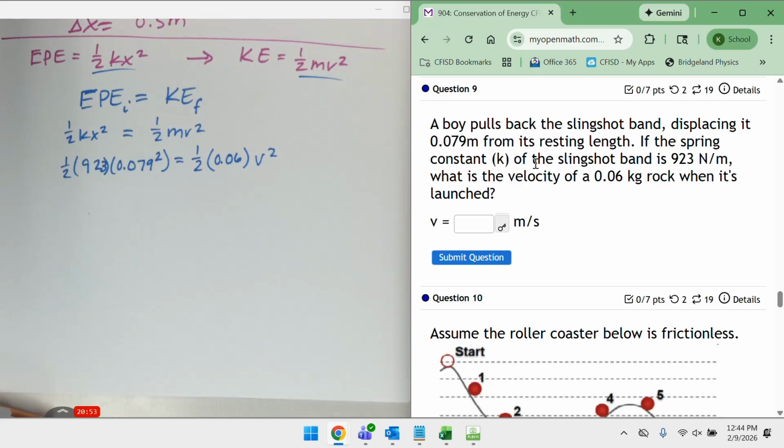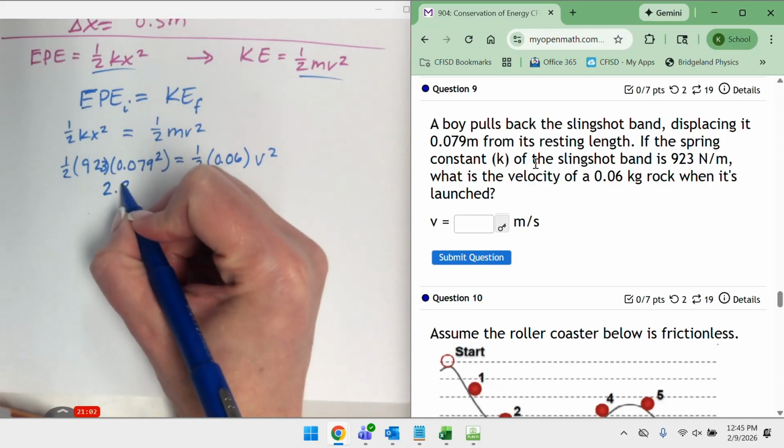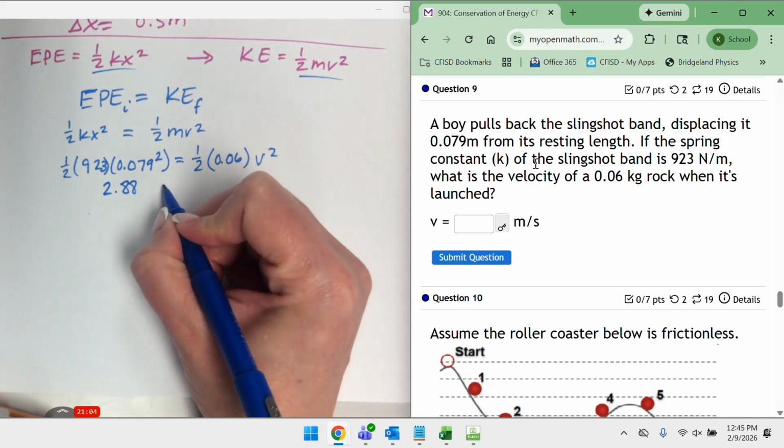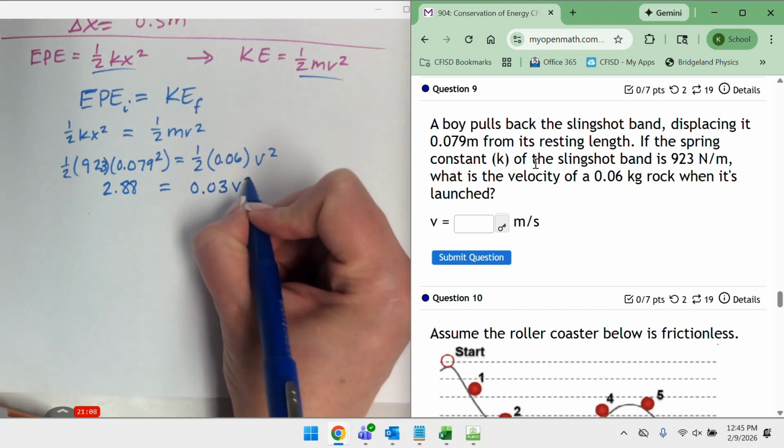1/2 of 923 times 0.079 squared is 2.88, that's rounded, equals half of that is 0.03 v squared.